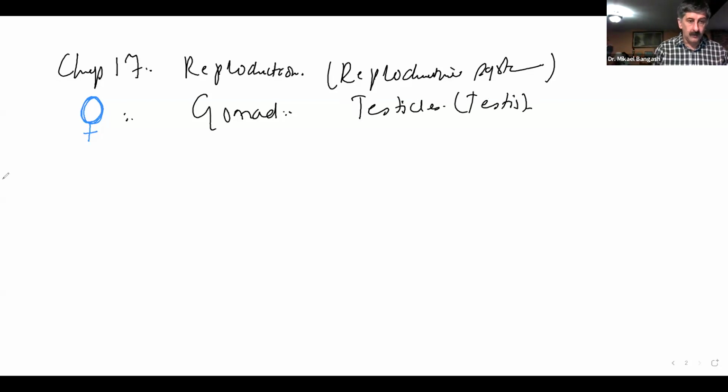What did we mean by a gonad? The gonad is the organ that produces the gamete.